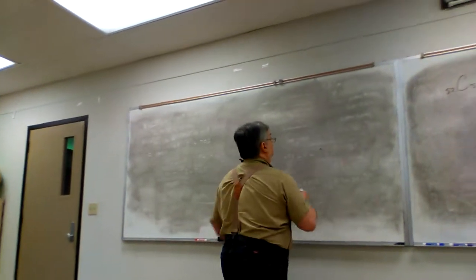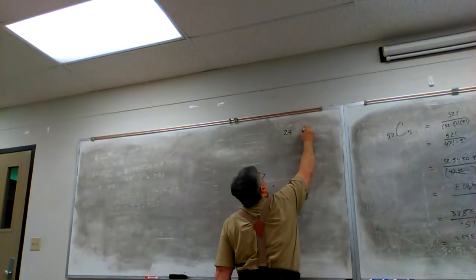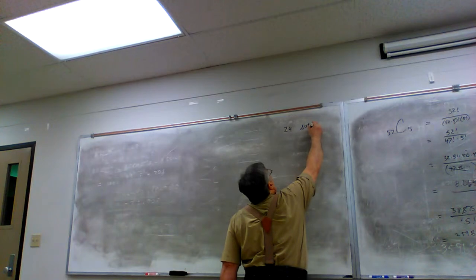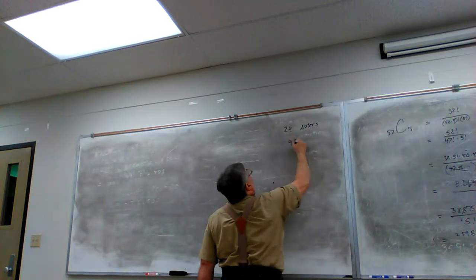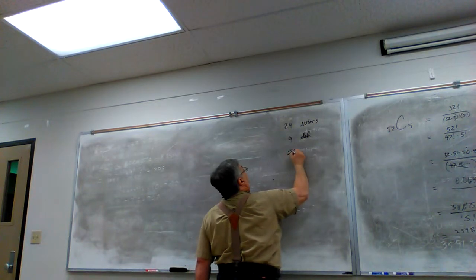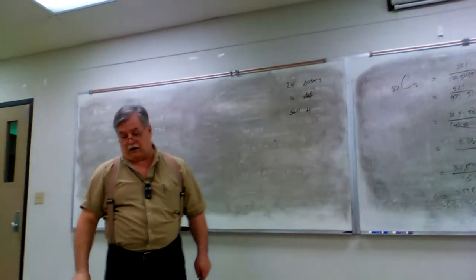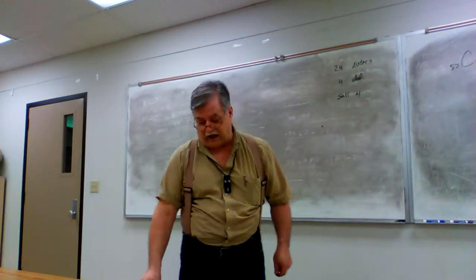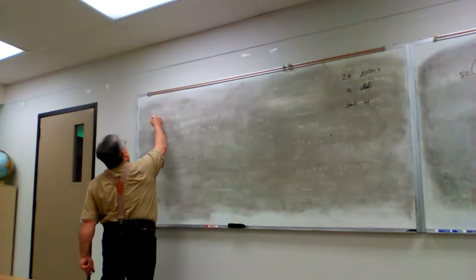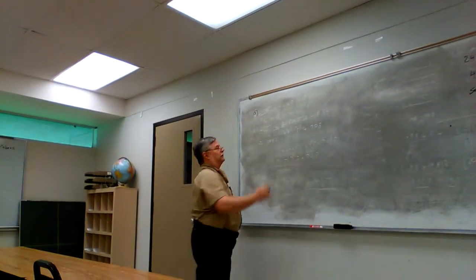Okay, let's see. 24 total transistors. 4 defective. Sell 4. What are the probabilities that A, exactly 2 of them will be defective?